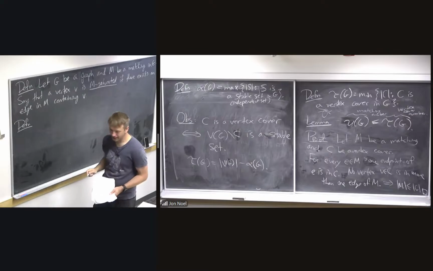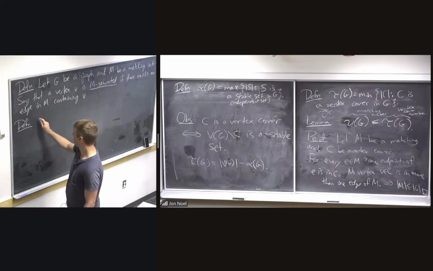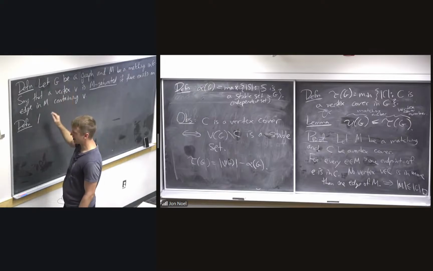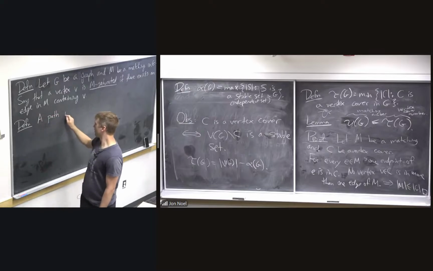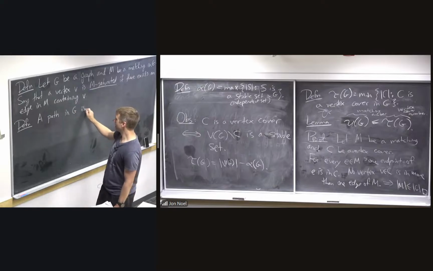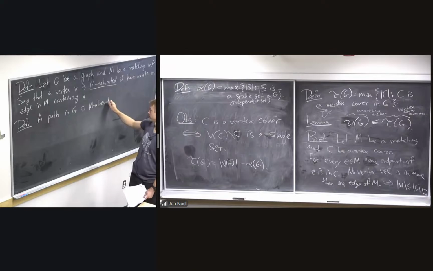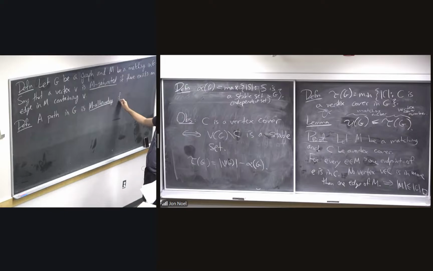Another key definition is something called an alternating path. So again, G is a graph and M is a matching. A path in G is M alternating if the edges of the path alternate between being in the matching and not in the matching.